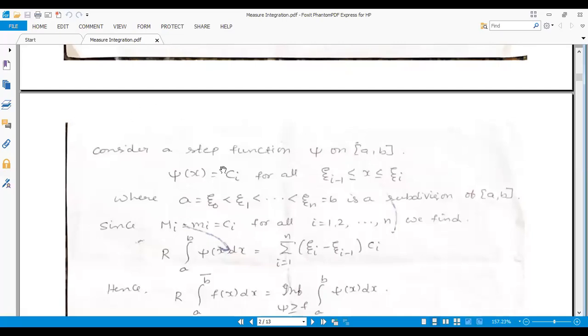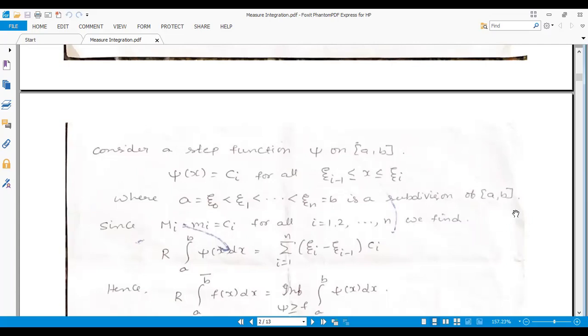Now here we consider a step function psi on a closed interval [a, b]. Here psi of x is equal to c_i for all x_{i-1} is less than x less than x_i, where a equals x_0 less than x_1 less than ... less than x_n equals b is a subdivision of the interval [a, b].